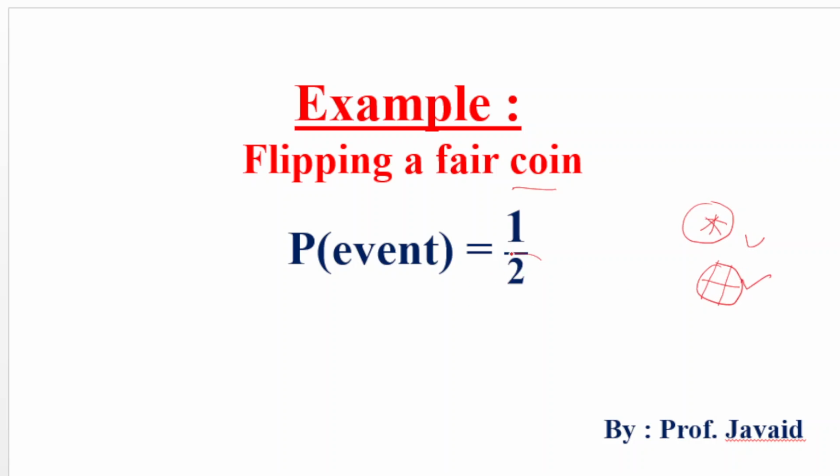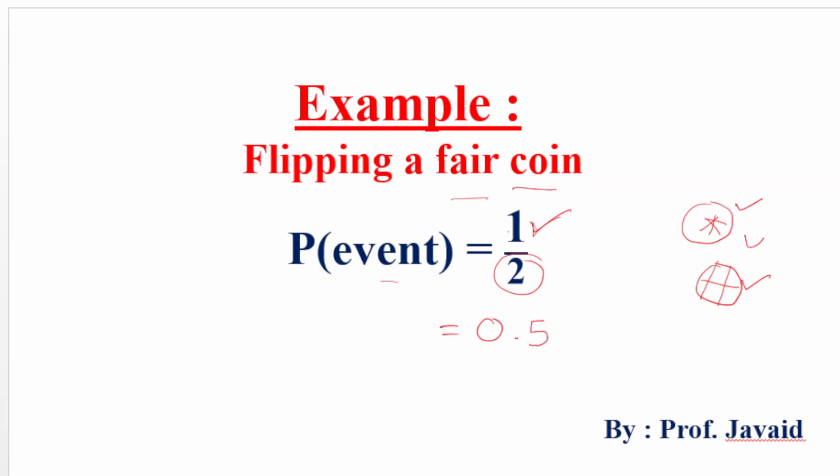The total outcomes are two, and if I say the star, the star can come only one time when flipping. So there is one possible outcome, one favorable. So the probability of the event in flipping a coin is 1 over 2, or you can also write it as 0.5.